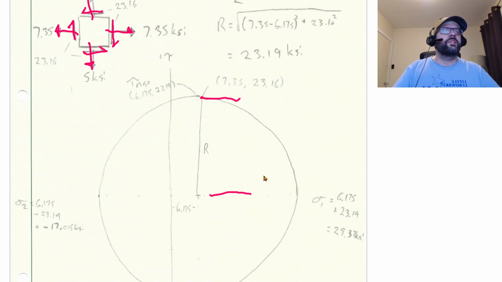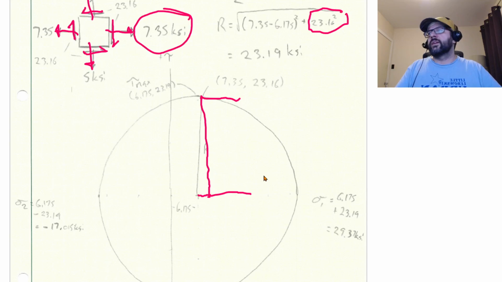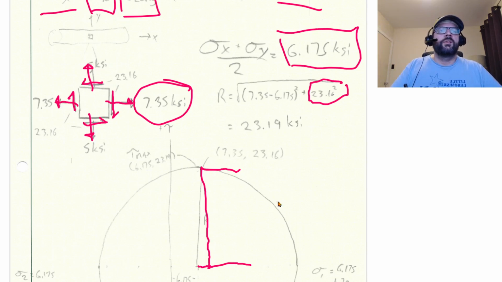And then the X component is going to be based upon the position of the known. I like to use the positive X face because you got to pick one of them. So the 7.35 minus the location of the center.